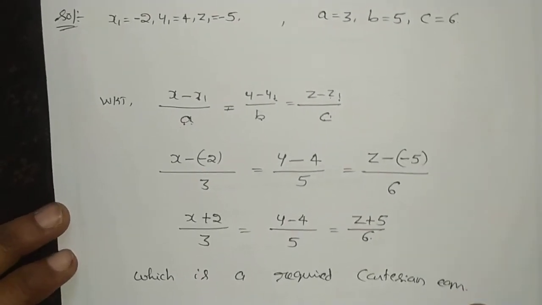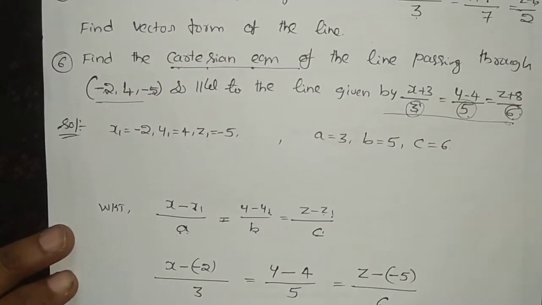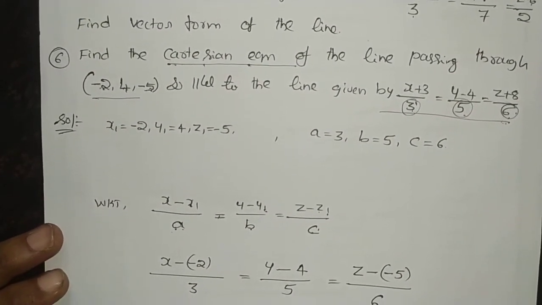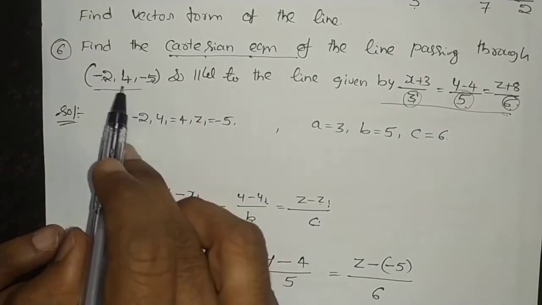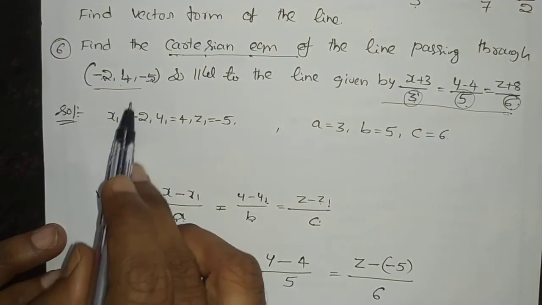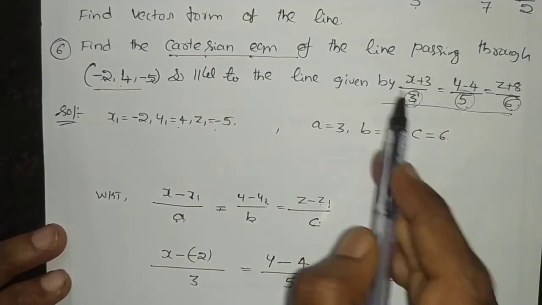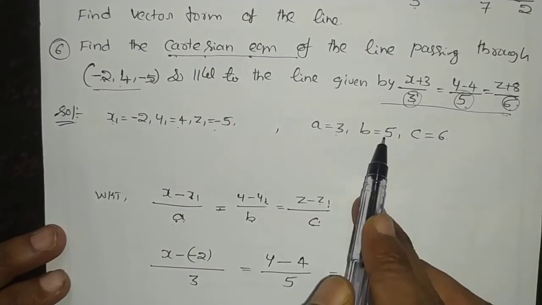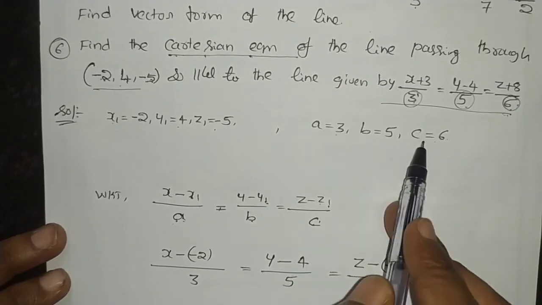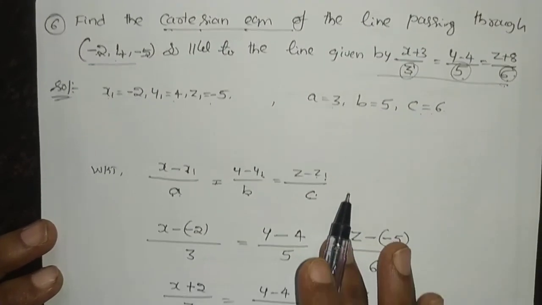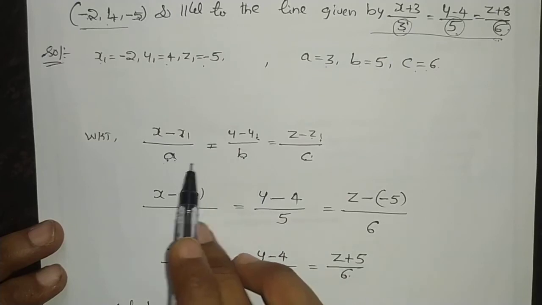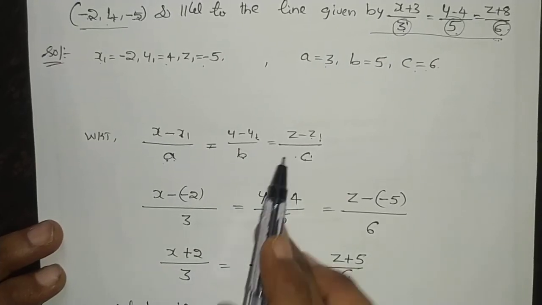Understood? Kindly note down this problem. By using this point we identified x1, y1, z1. By using this line we identified a, b, c, that is the direction ratios of the line.